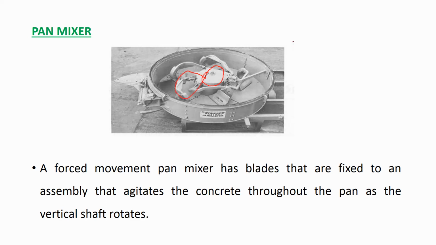When this rotates, whatever ingredients are inside the pan will get mixed. In this pan, we put all the ingredients, and the assembly will rotate, and your concrete will be prepared. So this is called a pan type mixer.